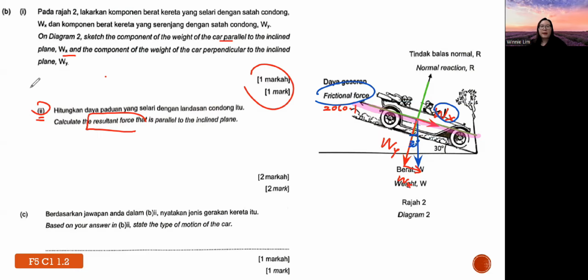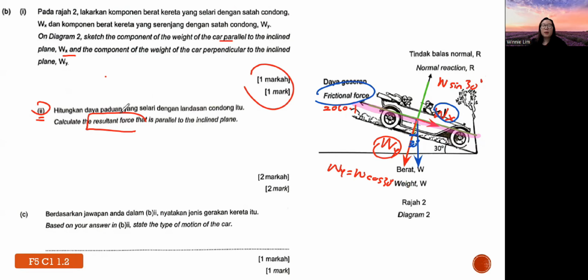So when you use trigo also, you need to know which three forces you are using. But if you follow my idea, it's easier, in the sense that you see 30 degree touching Wy. That means Wy will be W cos 30. And then Wx automatically will become W sine 30. This is how I explain to the students.